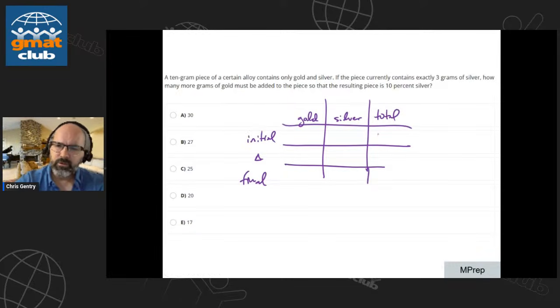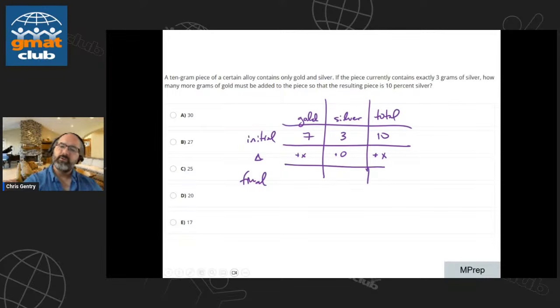We start off with a total of 10 grams, and it's 3 grams of silver. That means there must be 7 grams of gold initially. I'm going to be adding some gold here, I just don't know how much. I'm not going to be adding any silver. That's not going to change. So my total weight is only going to change by whatever the gold did.